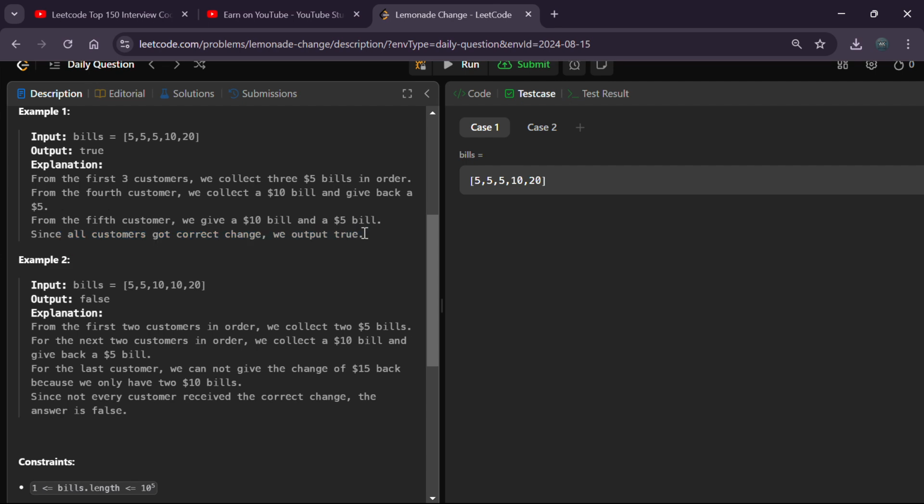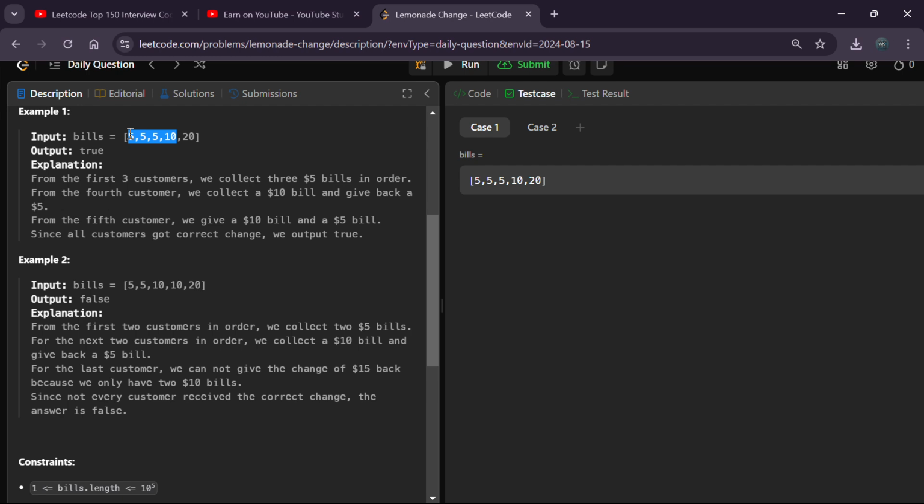I think I made a mistake before. For the fifth customer, we have to return just $15, right? So up to four transactions, we have two $5 bills and one $10 bill, and we have to return one $5 and one $10 bill.